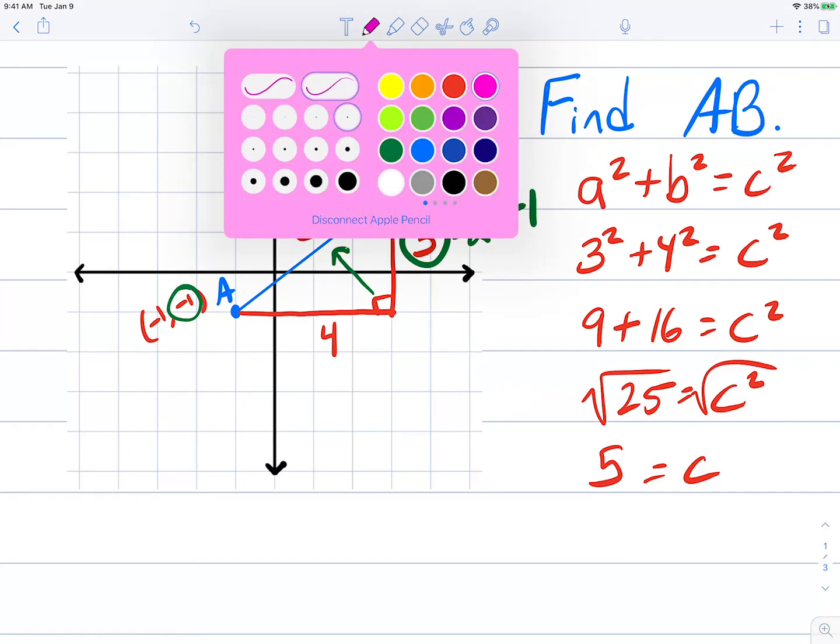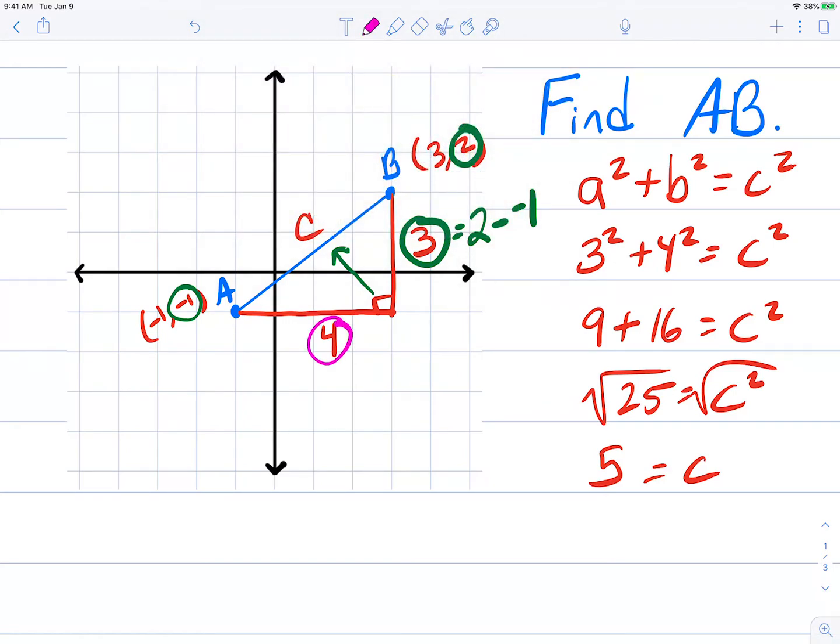For the other leg, the 4, this is going in the direction of the x-axis. So it's the difference between points B and A. The x-coordinate of point B is 3, and A is -1. And 3 minus -1, if I find their difference, is 4.